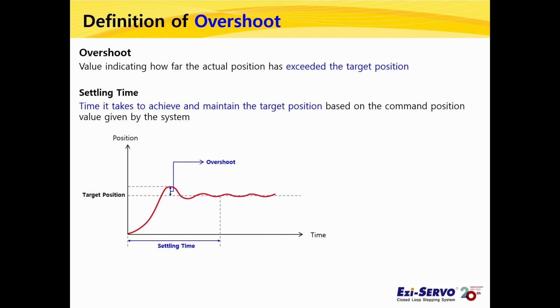An overshoot is related to settling time, which is the time it takes to achieve and maintain the target position based on the command position value given by the system. In simple terms, the settling time is the time it takes for the motor to reach its target position. In other words, the larger the overshoot, the longer the settling time.